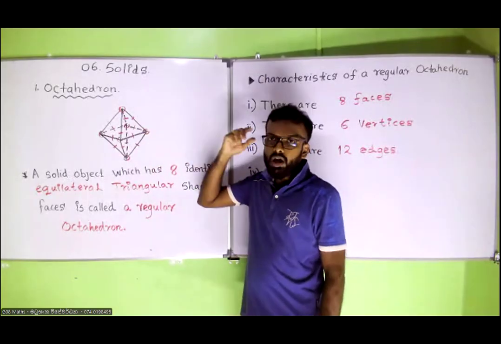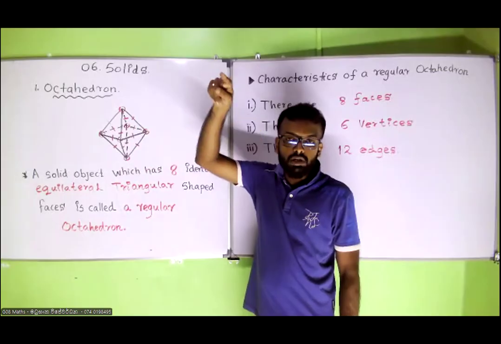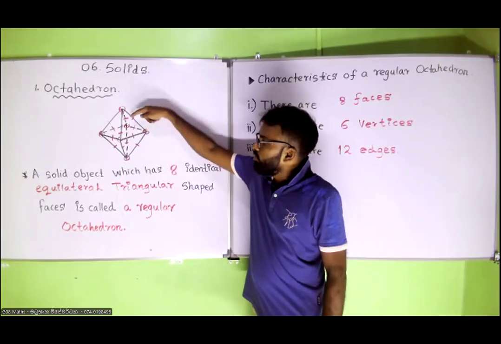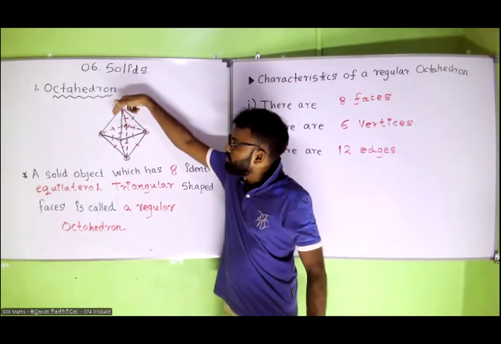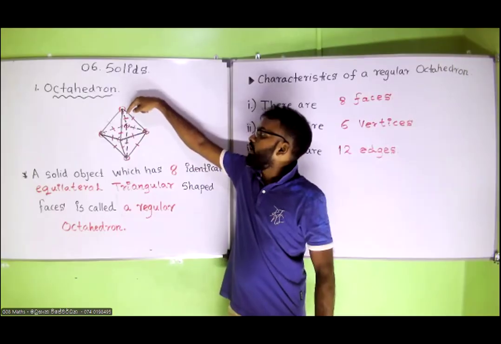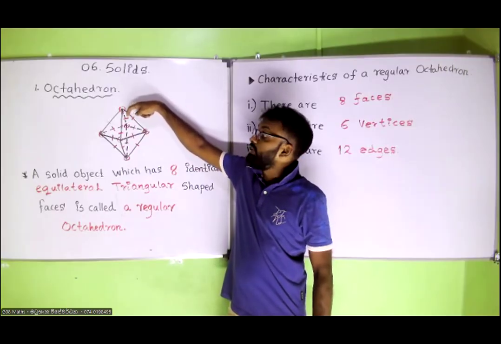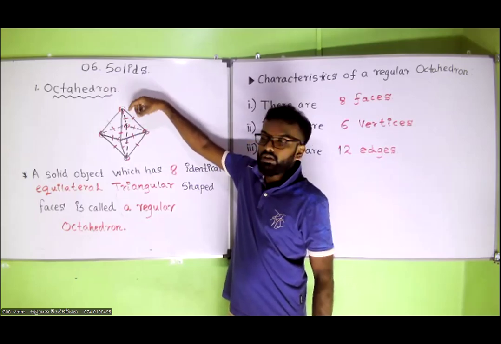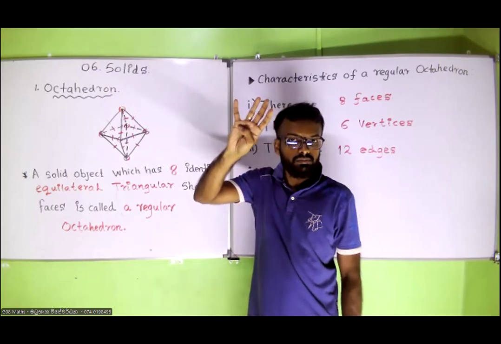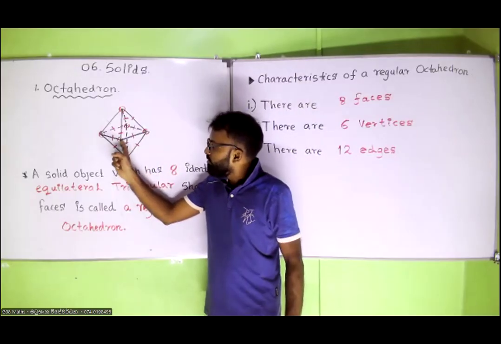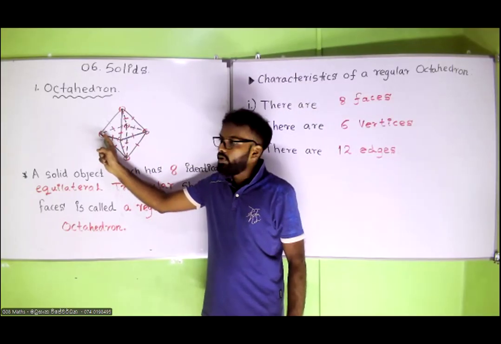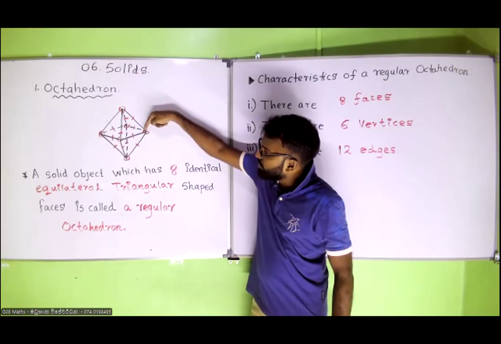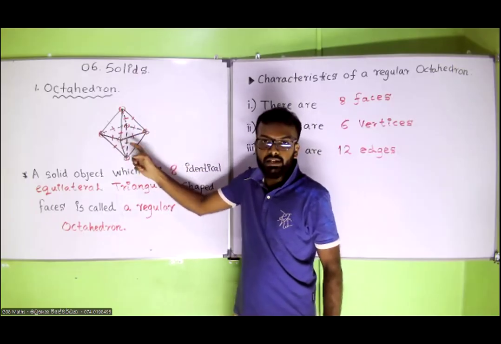No, on top we have 4 edges because it is a square pyramid. This is the first edge, second edge, and we cannot see that edge, so that is a dashed line, third edge, and here we have the fourth edge. On top we have 4 edges. And here we have another one, 5, another 6, and on the other side 7, and this side 8.